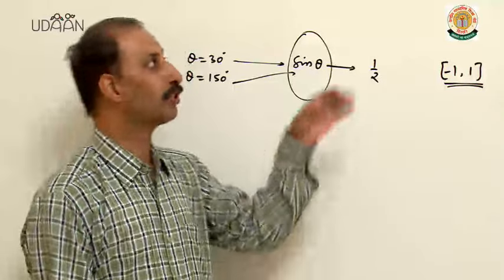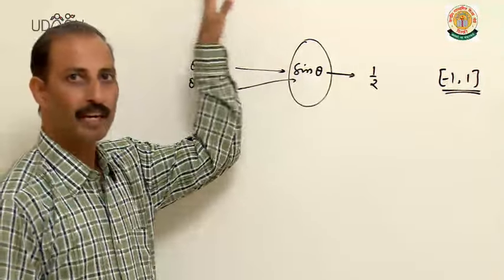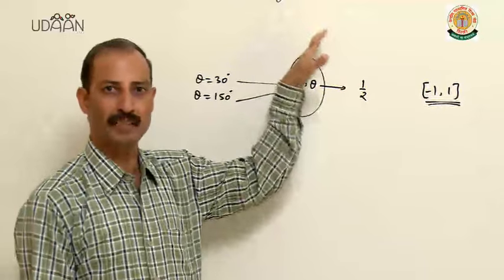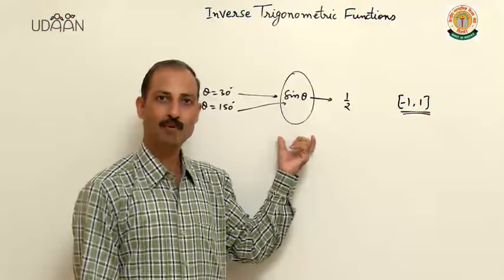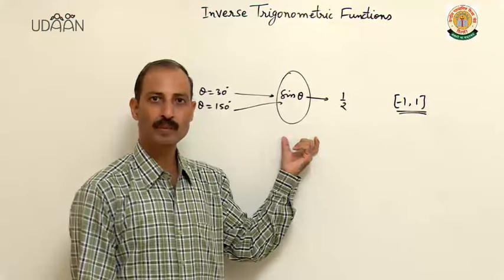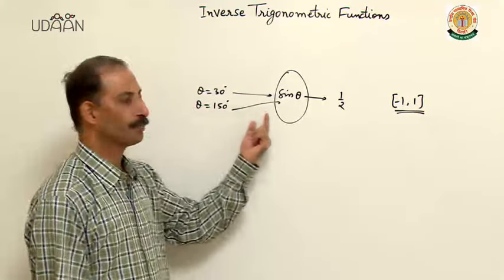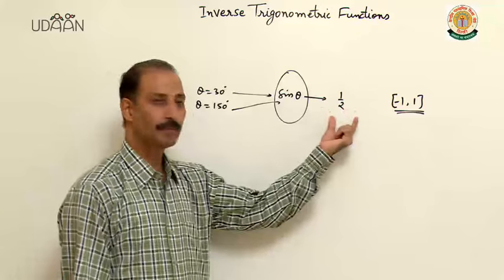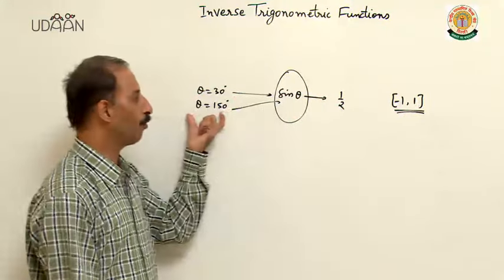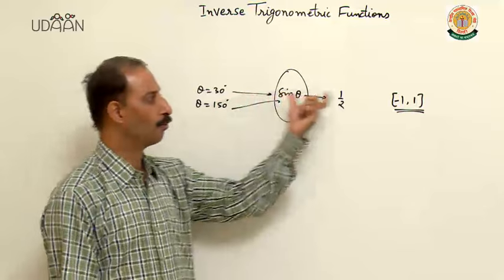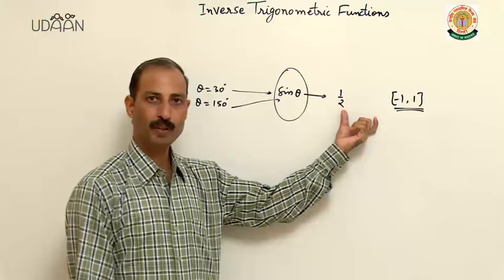Now, inverse trigonometric functions. The inverse of any function will exist only when the function is bijective. What do you mean by bijective? Input we call the domain and output we call the range.